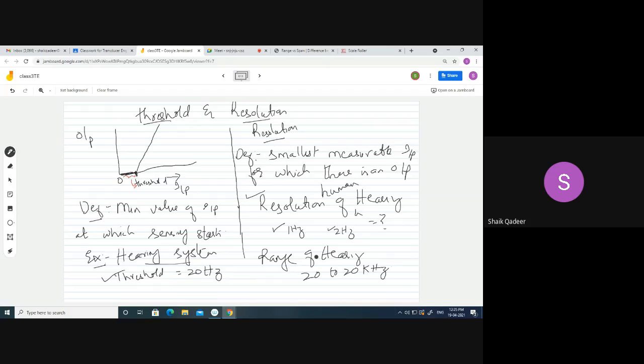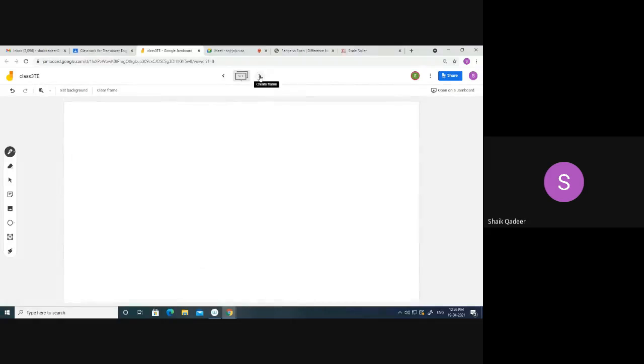The FSD, in bracket write down full scale division, the FSD is 200 volts.